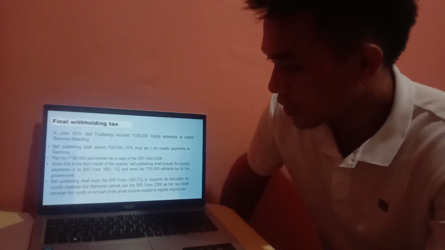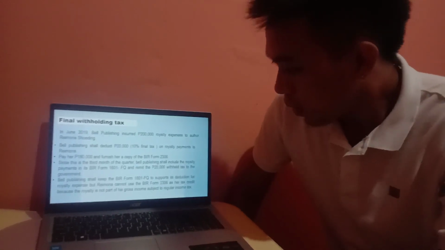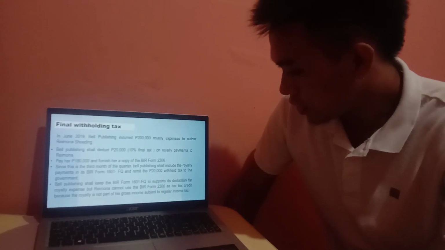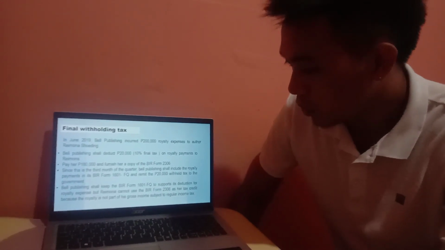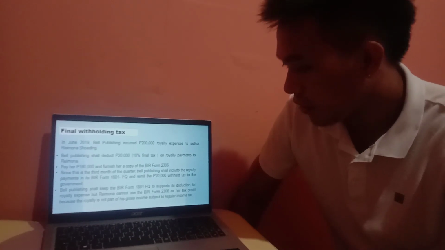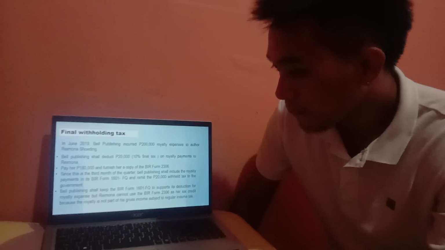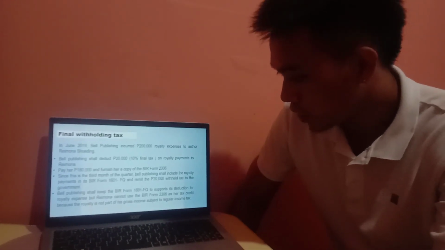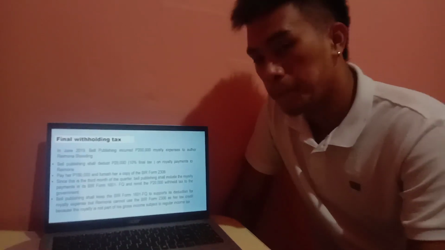Bill Publishing shall keep the BIR Form 1601FQ to support its deductions for royalty expense, but Primuna cannot use the BIR Form 2306 as her tax credit because the royalty is not part of her gross income subject to regular income tax.